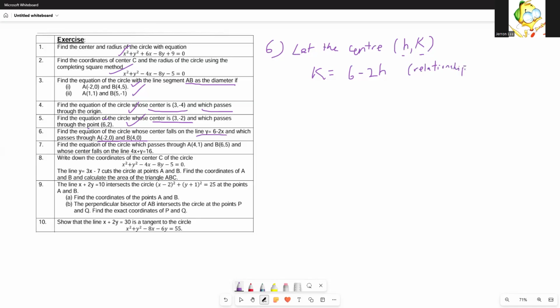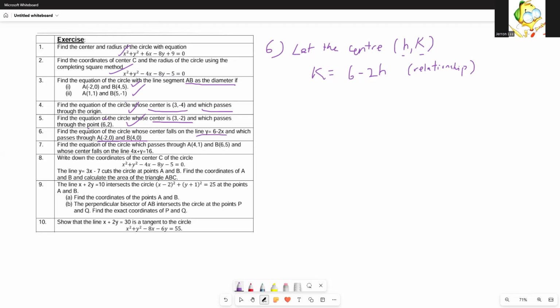All right, so now what I'm going to do next is find the distance from the center to A and B. Catch this, the distance from center to A and B, because they are supposed to be the same, right? Just like I'm at the center, I'm going to go to the chords, the 2 points. The distance is supposed to be the same.